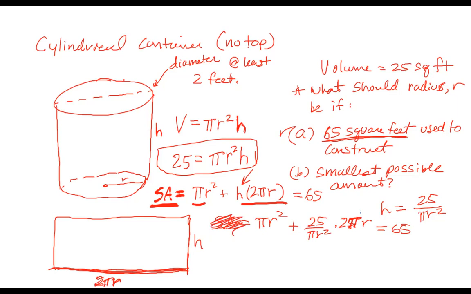This is in a numerator, right? 2 pi r. So I've got a pi, that pi can go away, and one of these r's can go away, leaving me with just 1 r. So now I have 65 equal to pi r squared plus 50 over r. And if I set this equal to 0, kind of like I did on the previous one, this gives me something I can enter into my calculator.